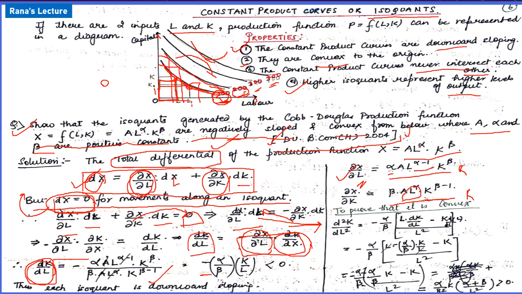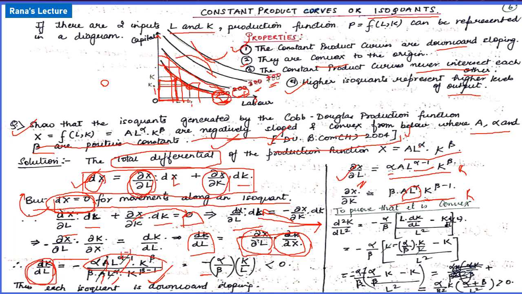We substitute these values over here. Whatever we got, this is marginal productivity of labor, and this will be marginal productivity of capital. You cancel these things. This is common, right? Common cancel. Alpha will be left, L to the power alpha is left with L to the power minus 1, right?